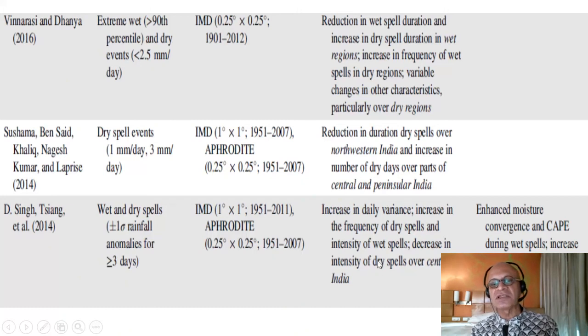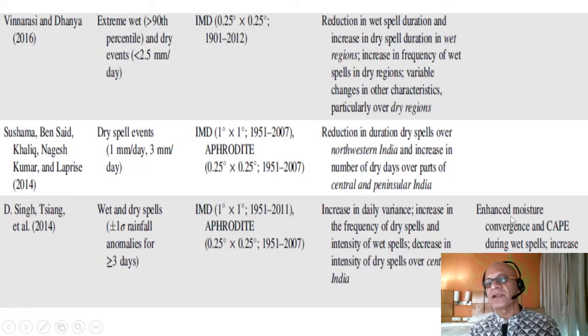So this is again saying that the daily variance has gone up and frequency of dry spells have gone up, but they have become less intense because of moisture convergence, warming, increased moisture loading, whereas the intensity of wet spells have increased.